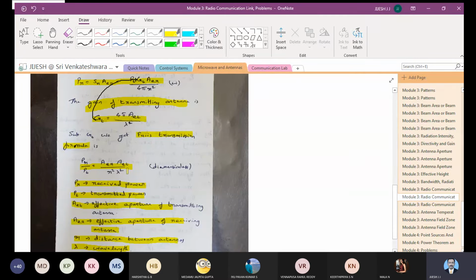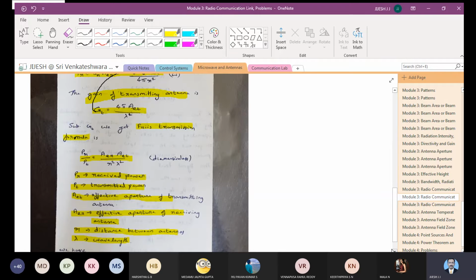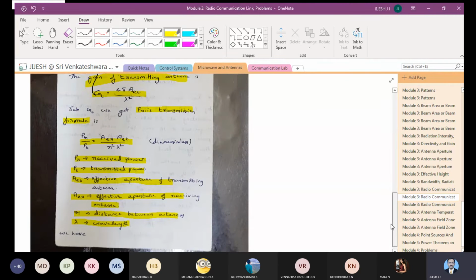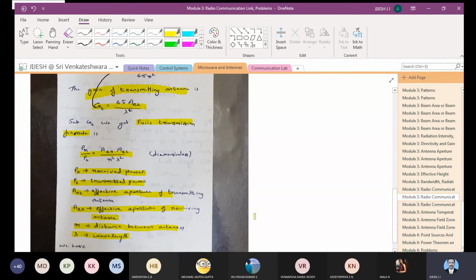We have to know all these things because we'll be doing some problems where we'll be substituting the values. You can complete this equation. This is the Friis transmission formula. You can put this equation in a box. We will write the Friis transmission formula in terms of directivity as well as in terms of gain in the next continuation.